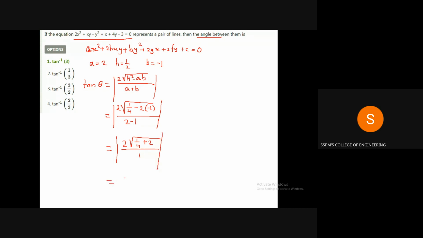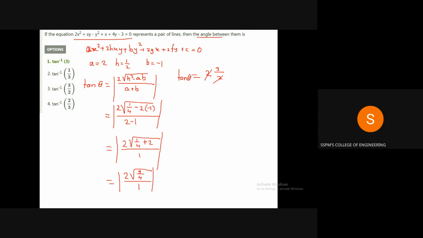So if we solve this, we get 2 into root of the addition of these two terms, 1 by 4 plus 2, which is 9 by 4, divided by 1. You don't need to write it. All these values are positive, so no need to write the modulus. So 2 into root of 9 by 4, which is 3 by 2. This 2 and 2 will get cancelled.